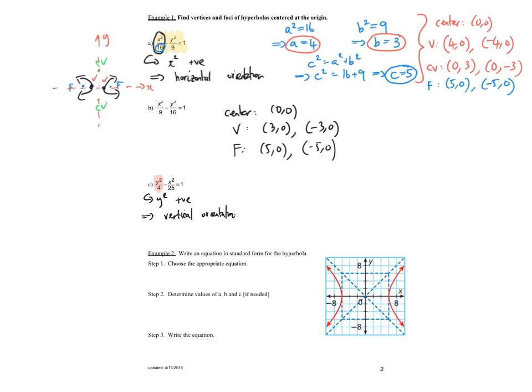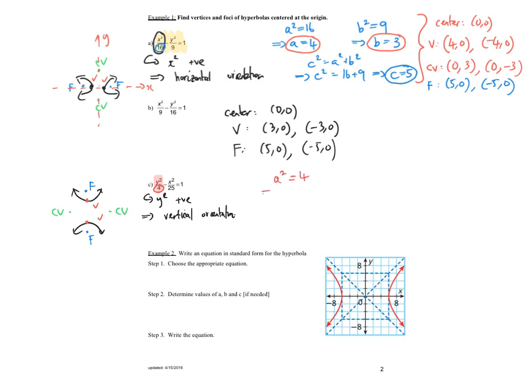So again, the little picture we're expecting is for our branches of our hyperbola to open vertically, upwards and downwards. We'll have vertex, vertex, focus, focus, and co-vertex, co-vertex not lying on the graph. So let's extract the information that we need. Remember, a squared is always in the denominator of the positive term.